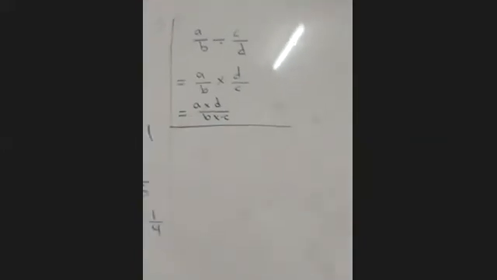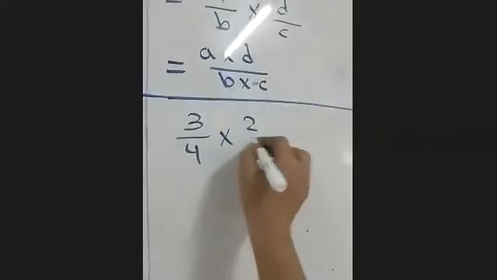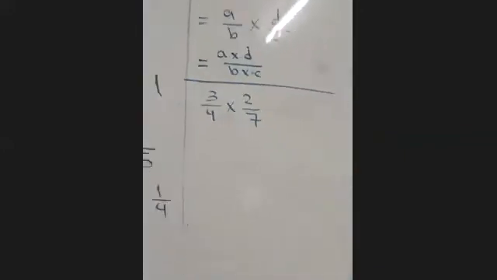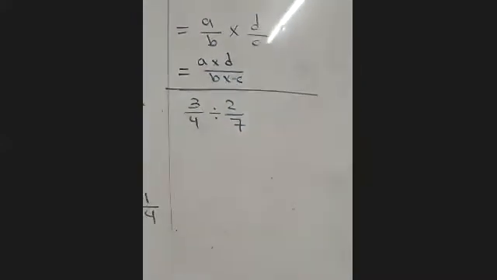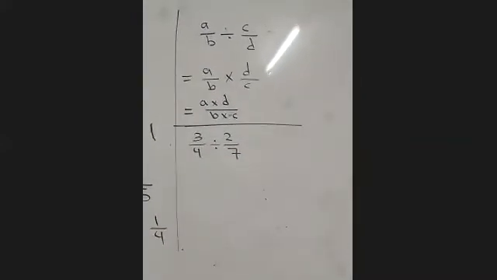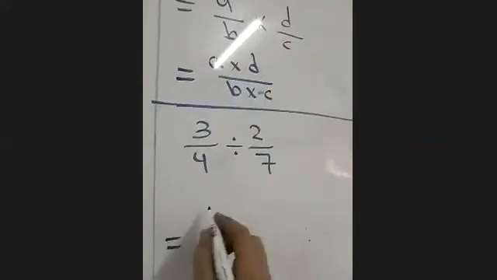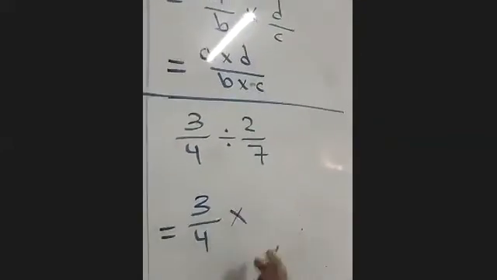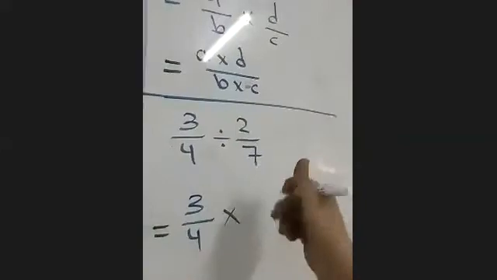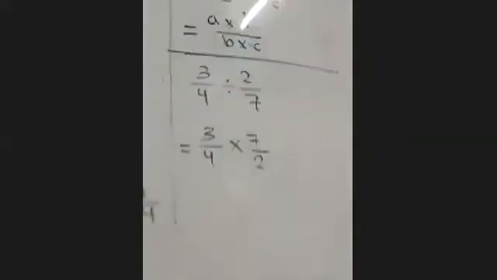For example, guys, if we have 3 over 4 divided by 2 over 7. The first fraction stays the same, the division becomes multiply, and the second fraction we flip it. 2 over 7 will be 7 over 2.